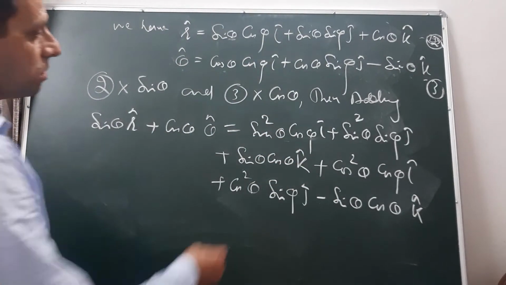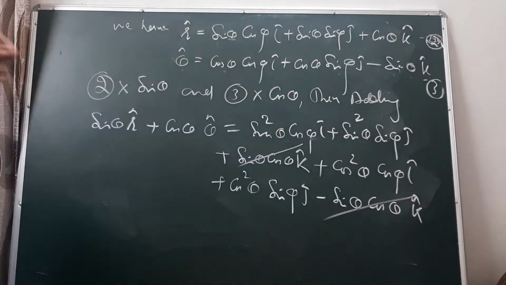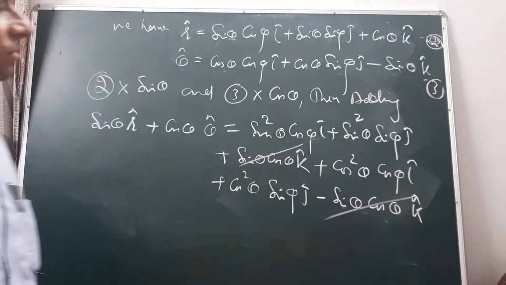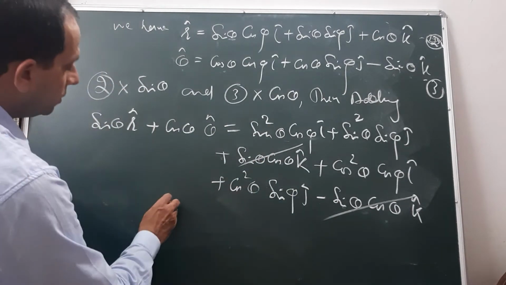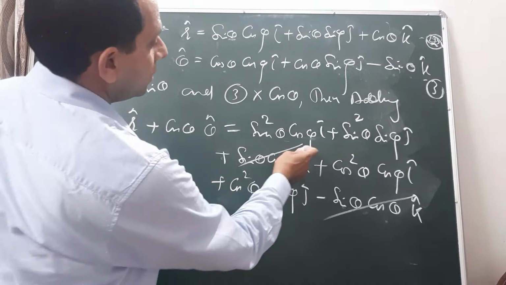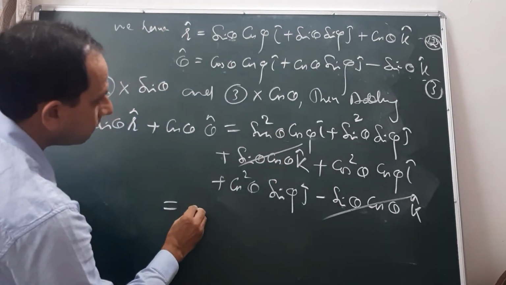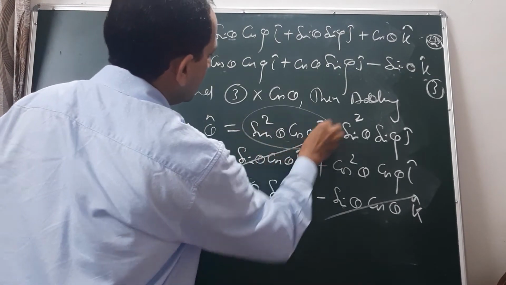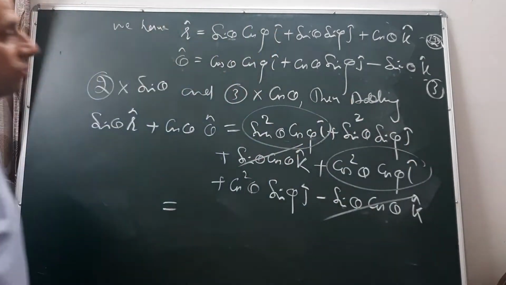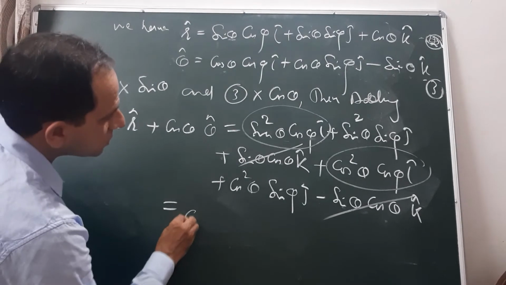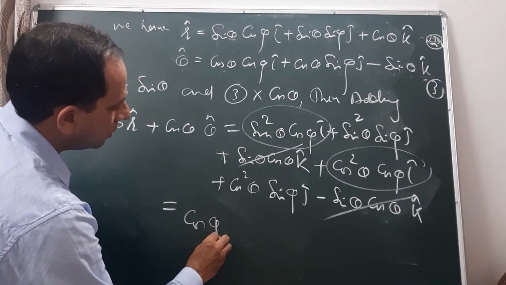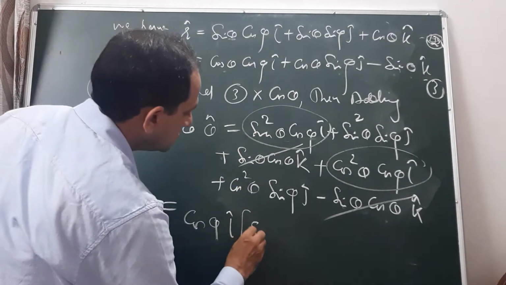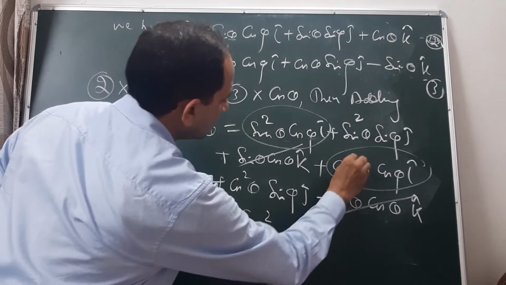On solving, this term will cancel out because it is sin theta cos theta positive and sin theta cos theta negative, both will cancel out, and the remaining part is sin square theta plus cos square theta common with cos phi i.